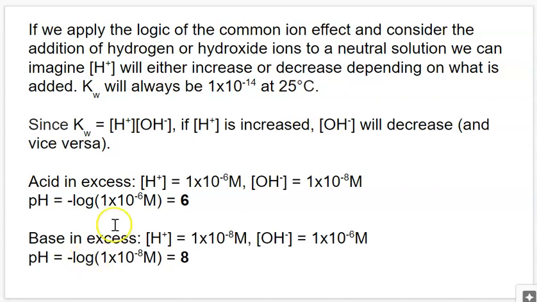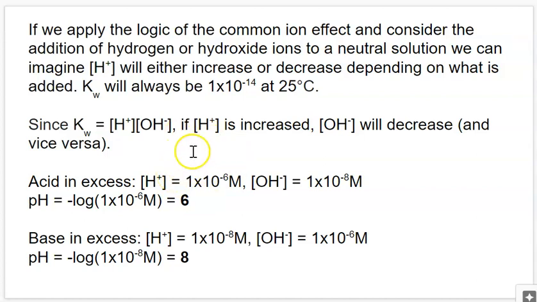So if we have water at equilibrium and we add either hydrogen or hydroxide ions to that neutral solution, the H plus is either going to increase or decrease depending on what's added, and that's going to change the pH. And since Kw is always going to be 1 times 10 to the negative 14 at 25 degrees Celsius, we can plug in our new concentrations and calculate what the concentration of the other ion is going to be.